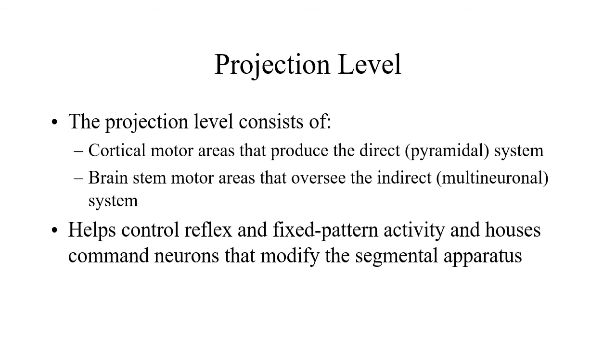Projection level control comes down, and this is running along the upper motor neurons now, and that information is coming from the cortex and then moving on down to the particular part of the spinal cord where it's going to synapse. This is where we have the potential for altering the amount of control that we have a little bit.